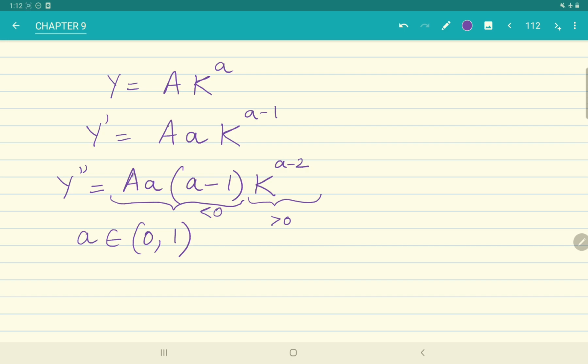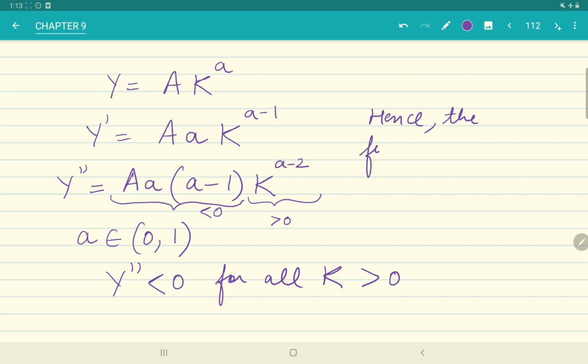That just means here that y double prime is less than 0 for all k greater than 0, and hence I can write the function is concave because y double prime is less than 0 for all k greater than 0.